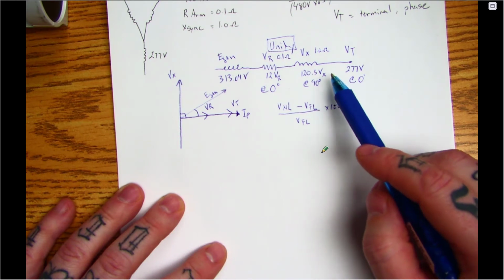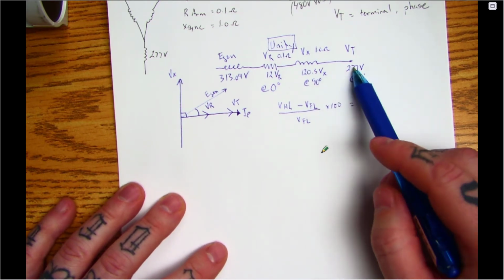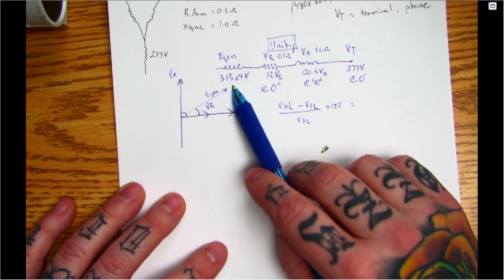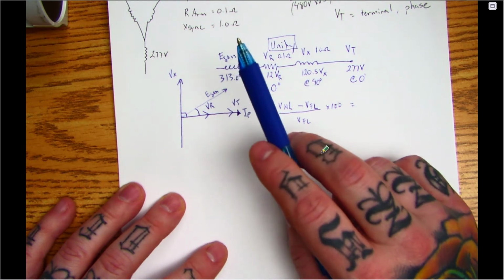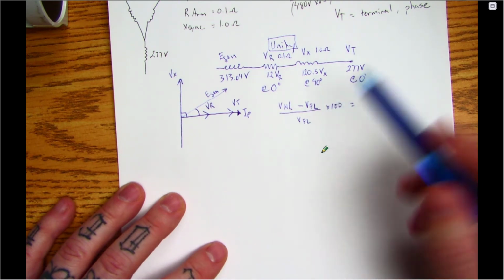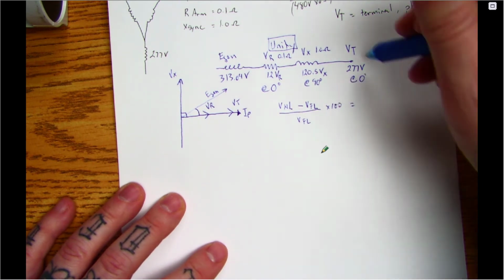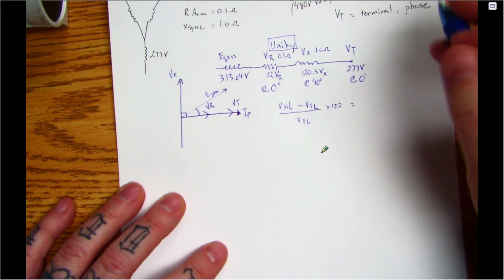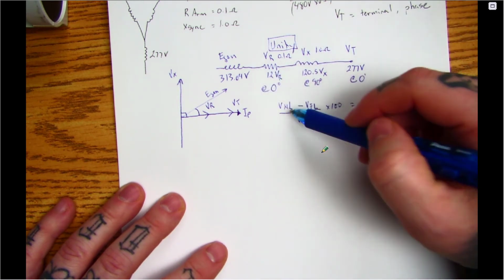If that load were to come off, this would be my no load voltage, because your terminal voltage and your E-gen under no load would be the same. Okay, but again, this is under full load. That's how we got these volt drops. So I look at it as E-gen being my no load.